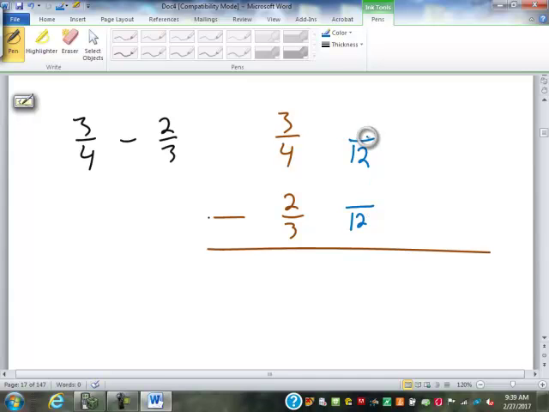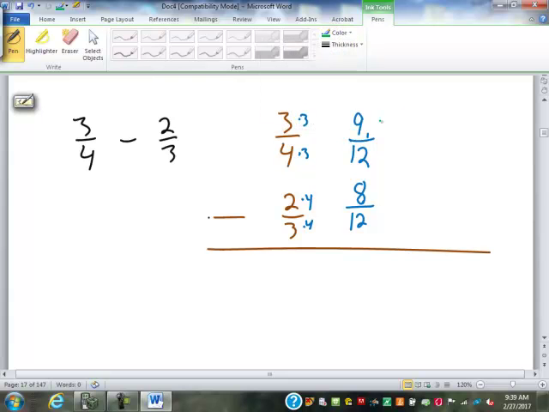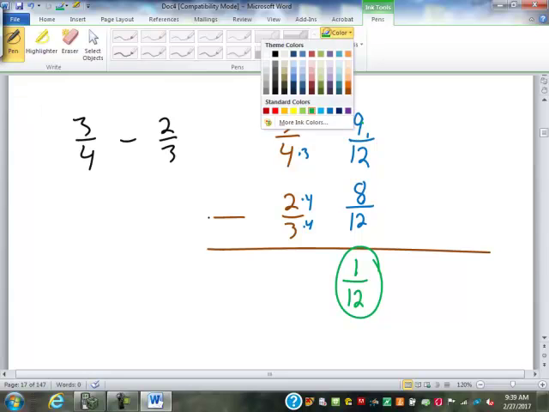What's going to go up here? 9. Good. 4 times 3 makes 12, so 3 times 3 makes 9. What goes up here? 8. 3 times 4 makes 12, so 2 times 4 makes 8. So now that we have common denominators, we go ahead and subtract. 9 minus 8 is 1, and we keep the same name, so it stays 12. So 1/12 is the difference between those.